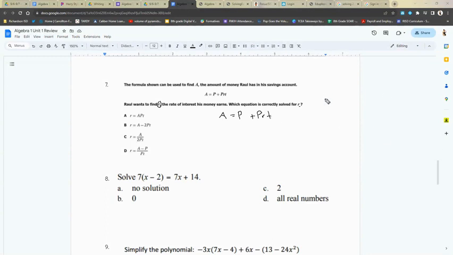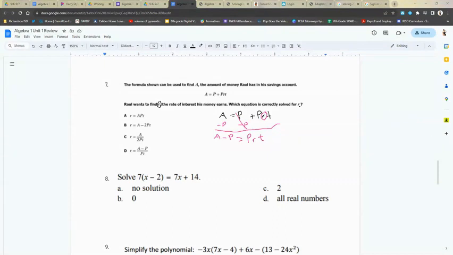So what I'm going to do is circle R. Okay? And I'm going to subtract P from both sides. And then we're going to have A minus P equals PRT.